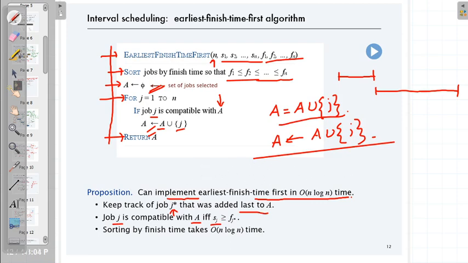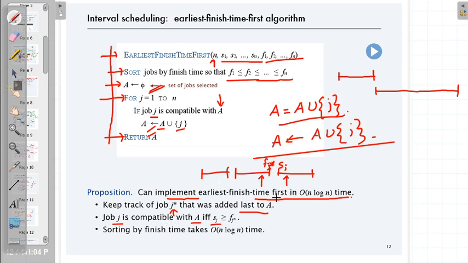So this guy is selected first, then this guy, and then who will be selected next? The job whose start time SJ is greater than or equal to the finish time of J star will be selected. So we don't have to compare this job with all other jobs. We select this job and compare, so with a constant number of comparisons we can do this.